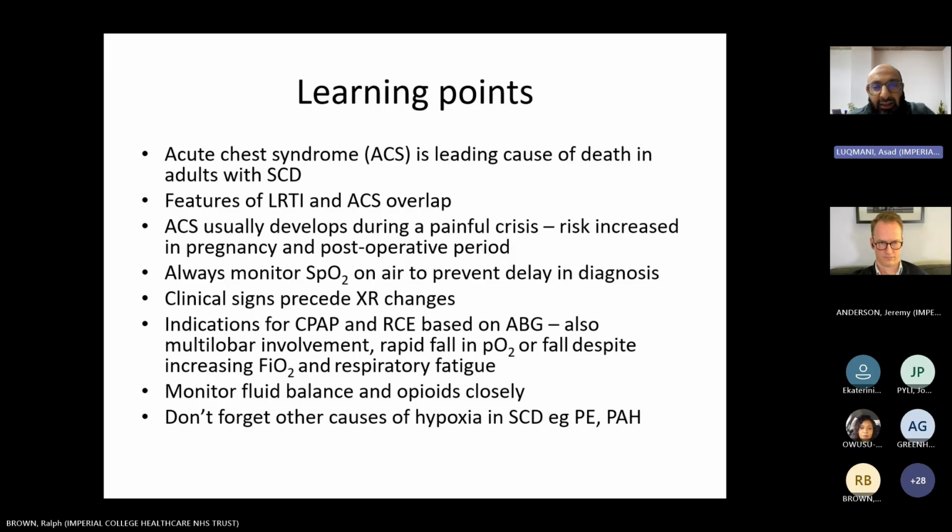The indications for interventions with red cell exchange are usually based on the degree of hypoxia. So in this case, the patient has become significantly hypoxic and would almost certainly require a red cell exchange transfusion, as well as discussion with ITU about NIV. And not forgetting other causes of hypoxia, such as PE and pulmonary hypertension as well.